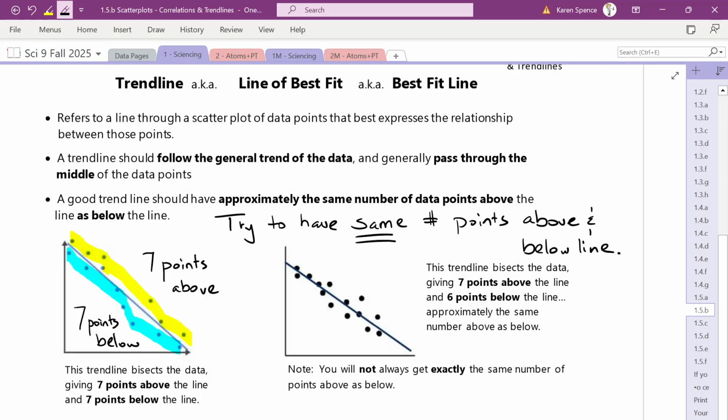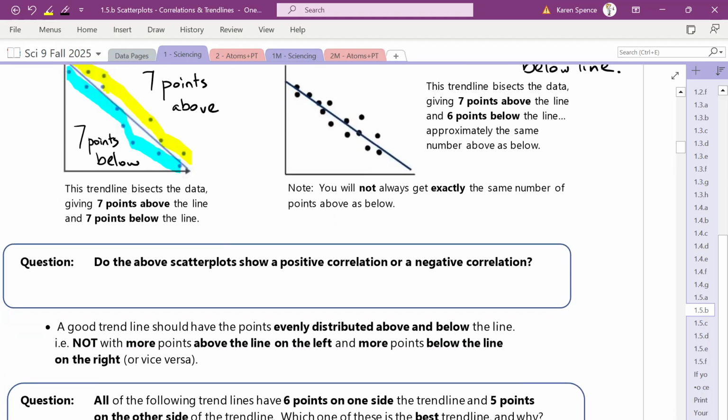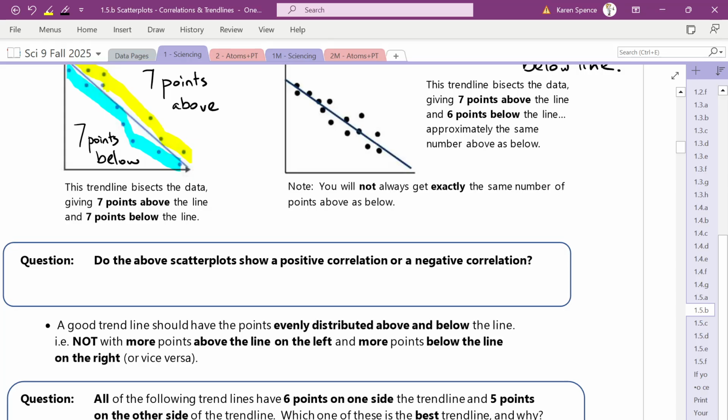You just have to be close enough. When you get into grade 11 and 12, and when you get into university, you can actually have a spreadsheet program like Excel plot that best fit line for you, and it will do it mathematically, and it'll put it where it should go based on the average of all the points. Okay? But for grade 9, we're going to do it by hand.